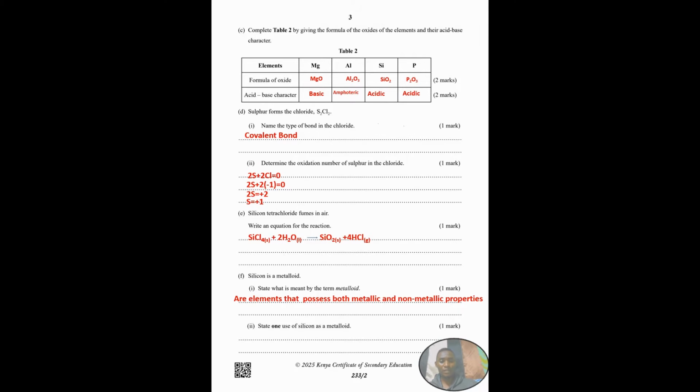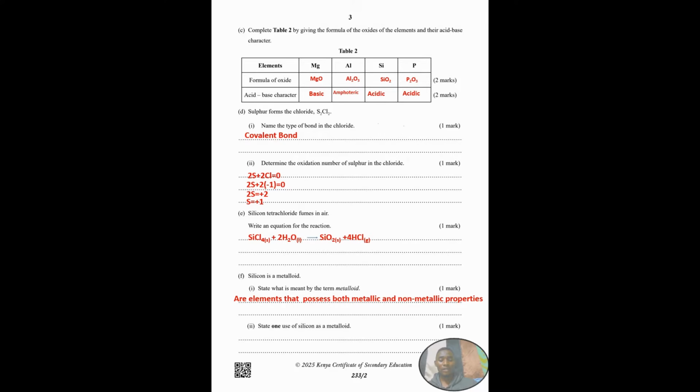Some examples are boron, silicon, arsenic, germanium, tellurium, and polonium. And lastly, in this question, state one use of silicon as a metalloid.